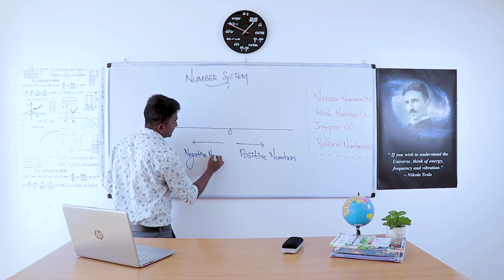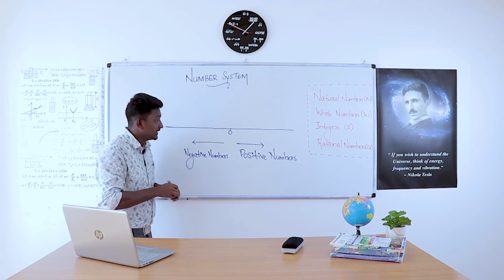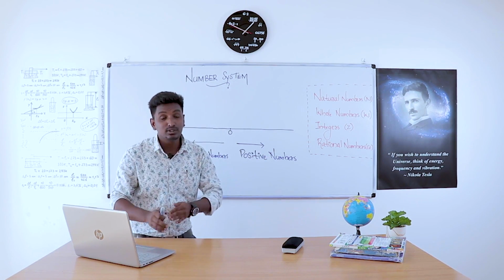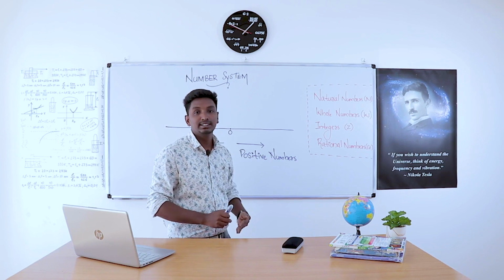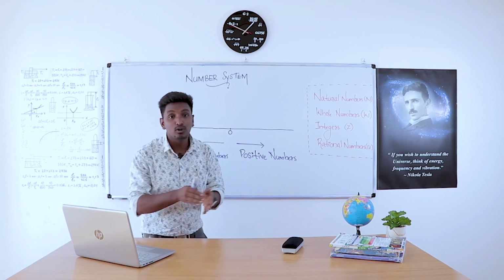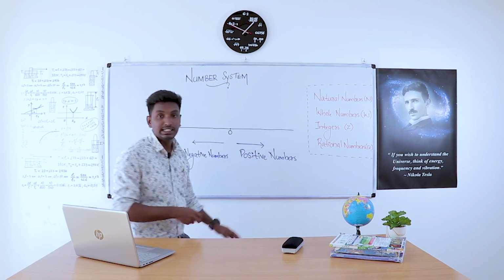That is, when we are walking on a number line from 0 towards the right, we get positive numbers. But when we are walking towards the left of the 0, we only get negative numbers.